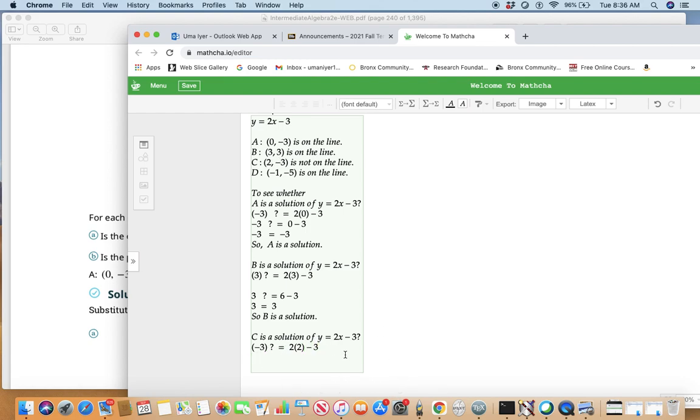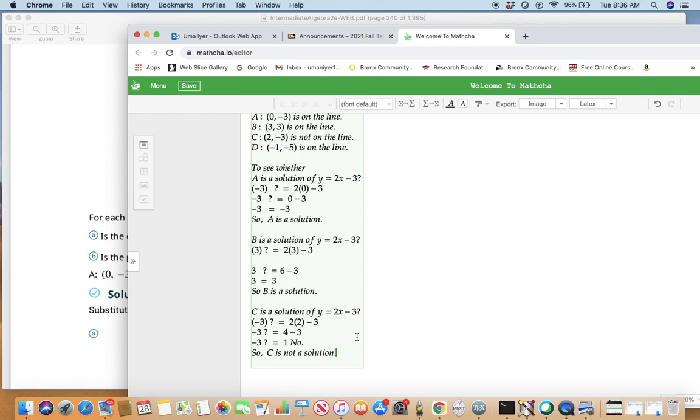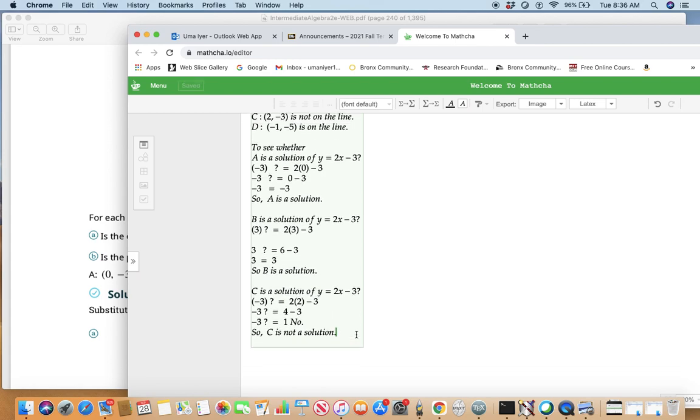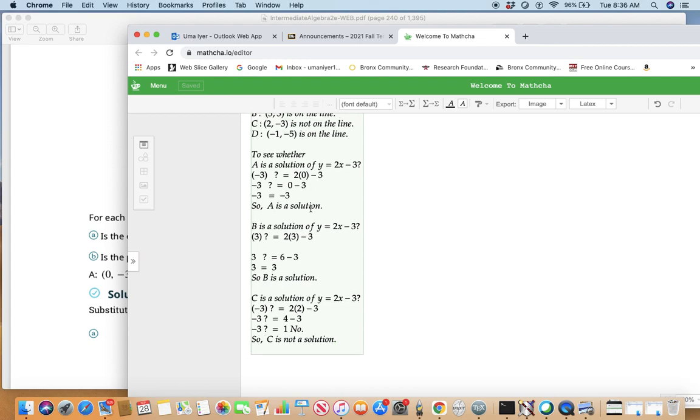Question is, are these equal? On the left you have negative 3. Here, 2 times 2 is 4 minus 3. Is negative 3 equal to 1? No. So, C is not a solution. You see? C is not a solution. So recall, C was not on the line. It is not a solution.